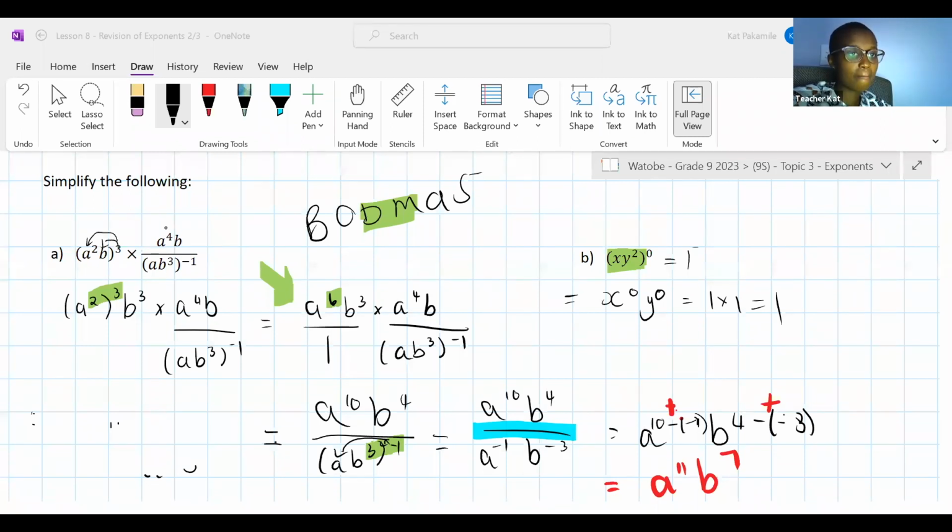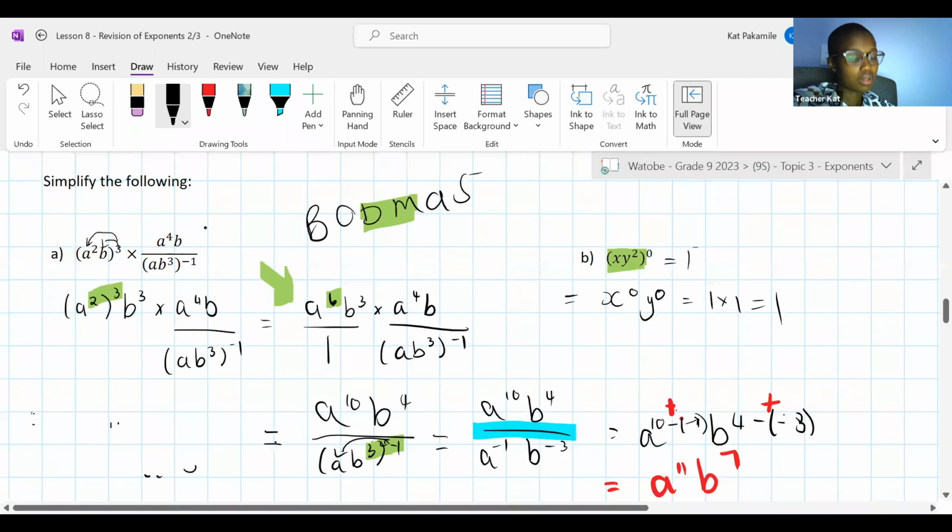When I finished working with this, it was A4, B, and then the denominators were A to the power of -1 and B to the power of -3. And then all I did was subtract and add the exponents, and that's how I got the answer.